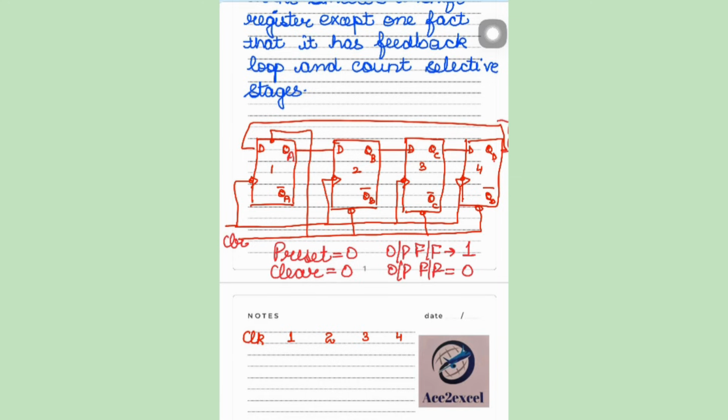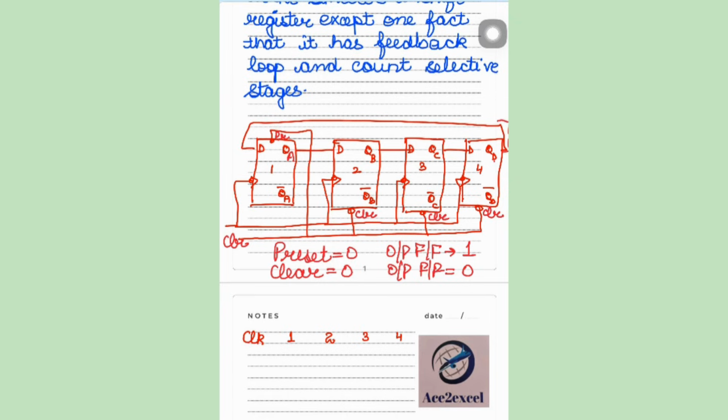So here we have 3 clear connections in the circuit and 1 preset connection in the circuit. That is, the very first flip-flop is connected to preset. Whenever preset will be 0, output of this flip-flop will be 1, and whenever preset will be high, output of this flip-flop will be low.